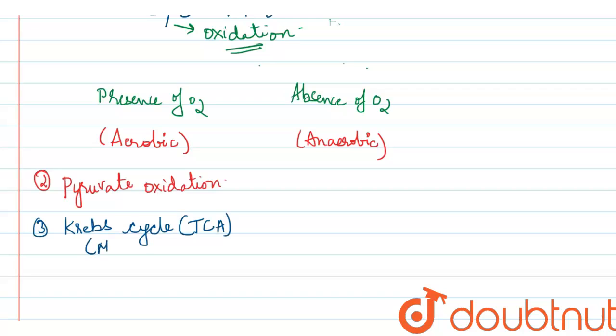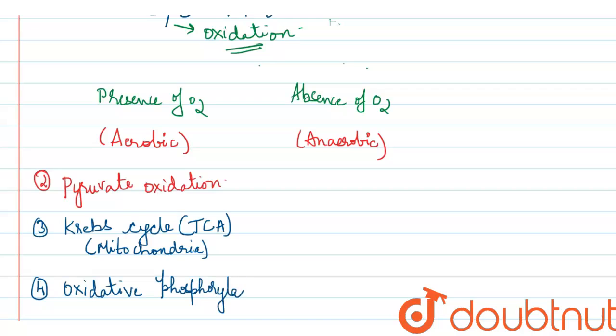This takes place in mitochondria of the cell. The next step after Krebs cycle is oxidative phosphorylation. So these are the steps in aerobic respiration.